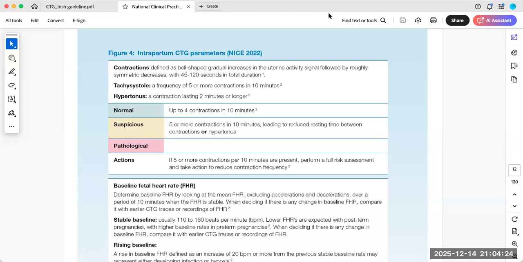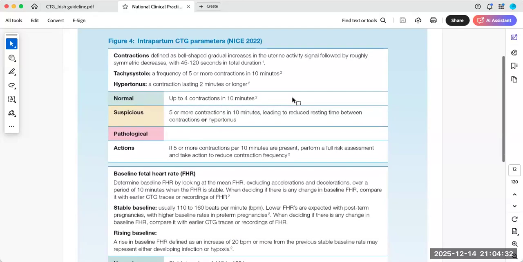So simply, my friends, the contractions normally will be found at a rate of 3 to 4 in 10 minutes. Once you have 5 or more contractions in 10 minutes, this is considered a tachysystole.